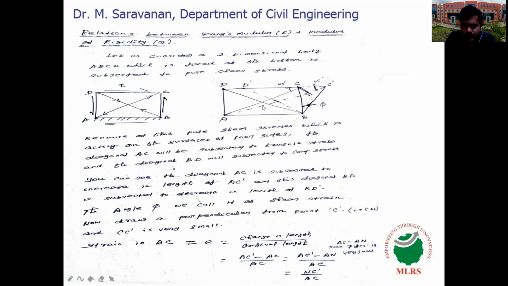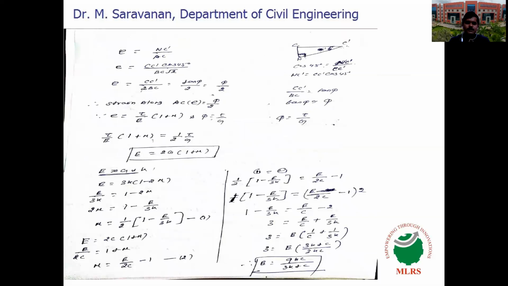Therefore sin 45 is 1 by root 2, so 1 by root 2 is equal to BC by AC. Therefore AC is equal to BC into root 2.